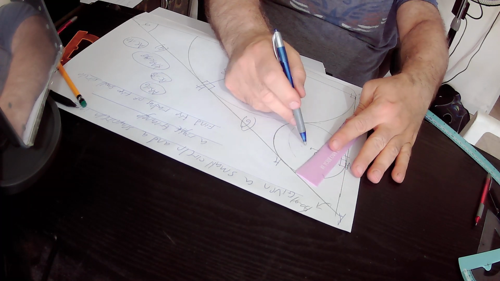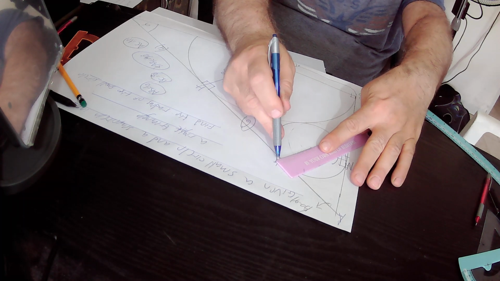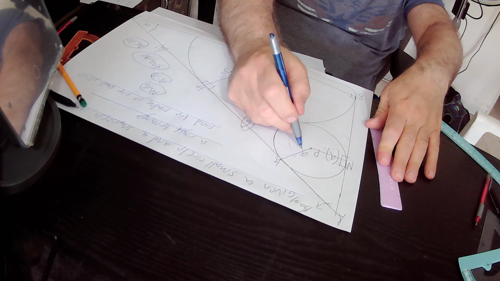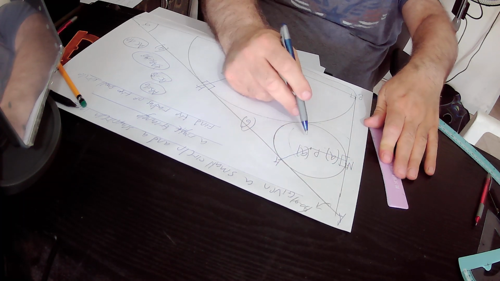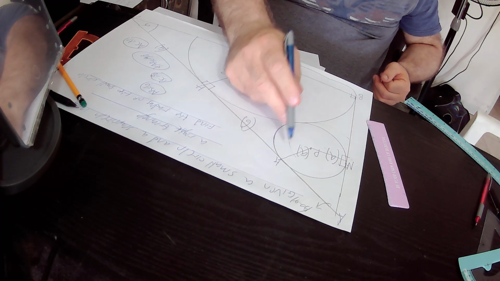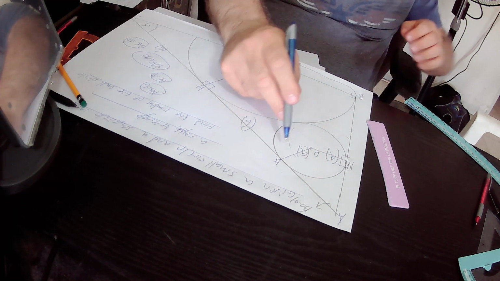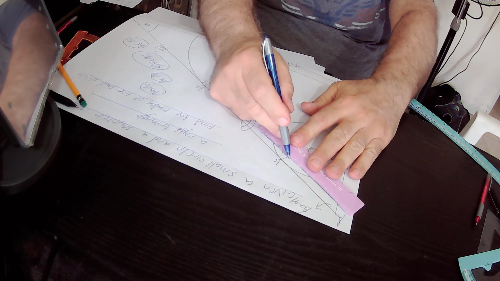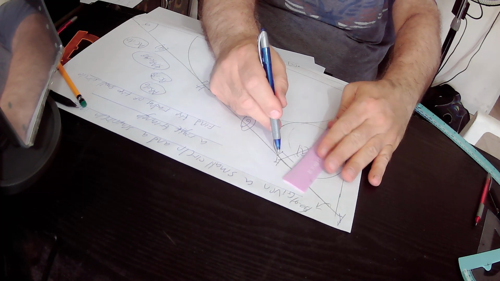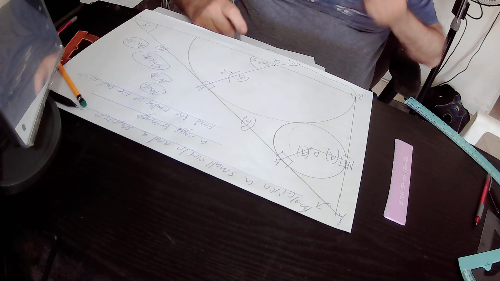PK is the radius of this small circle, that equals A. Again, we have the radius PK drawn to point K, which is the point of tangency of tangent AC with this small circle, therefore according to rule 1, this angle equals 90 degrees, and this angle also equals 90 degrees.